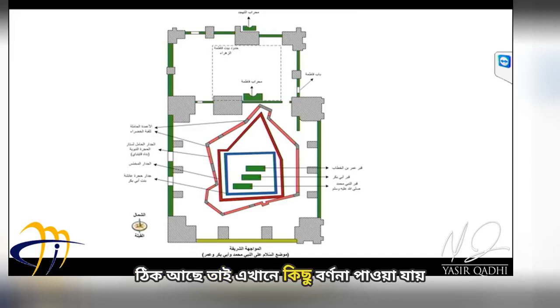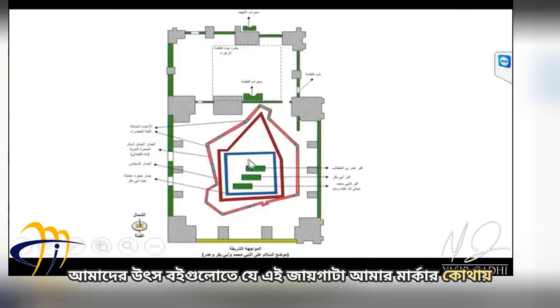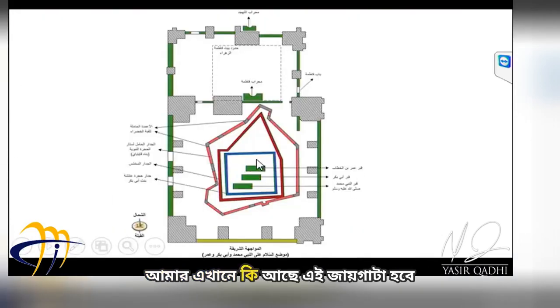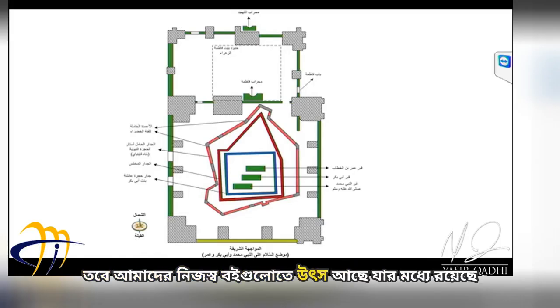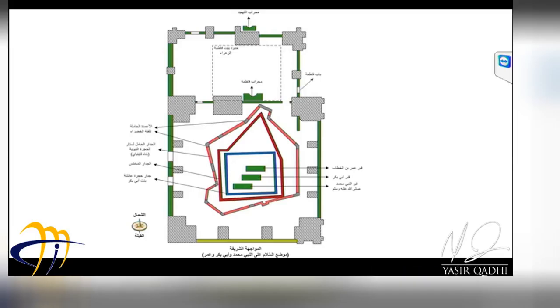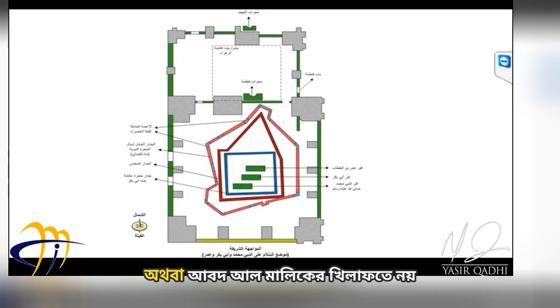So there are narrations found in our source books that this place, where's my marker? Here it is. That this place over here will be for Isa ibn Maryam. Nothing authentic. So we do not say for sure. But there are sources in our own books, including Tirmidhi. Now the isnad is not fully authentic. So we say Allahu A'lam, whether that will be the case or not.